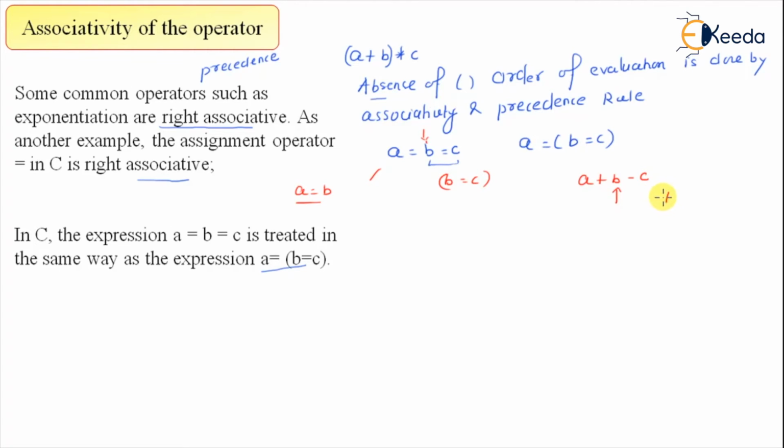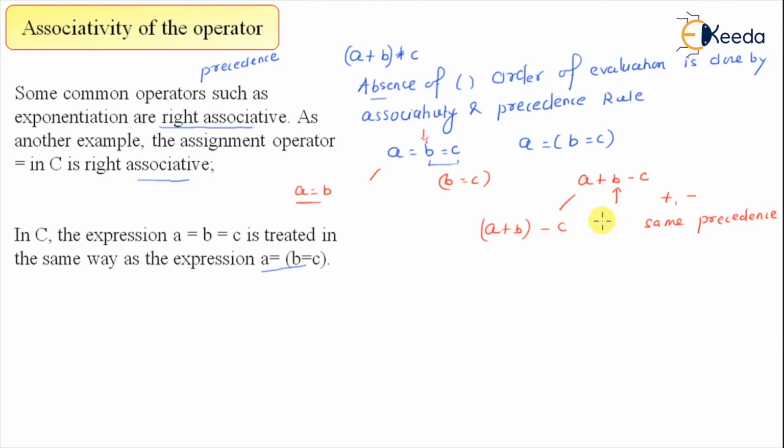But plus and minus have the same precedence. In that case, will B be associated with plus or minus? Again I need an associativity rule, and it is left associative. So in C language, A plus B will happen first, and then finally minus C.